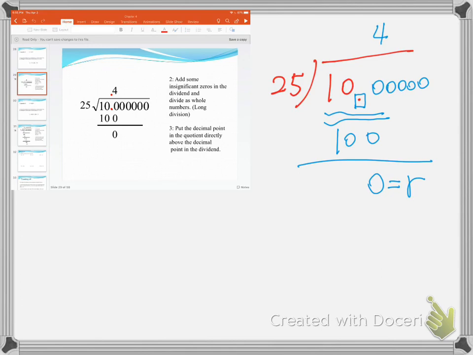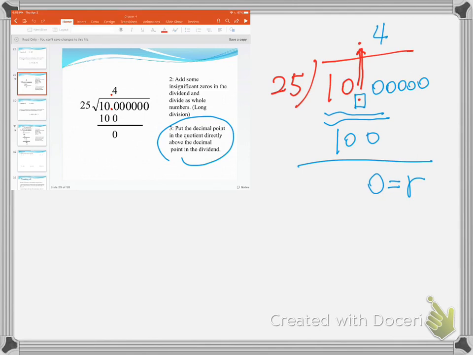So this is step 2, a long division without decimal point after you add 5 zeros. The last step, step 3, you put a decimal point on top of this decimal point in the dividend. So the quotient in the answer is not 4, because there is a decimal point here. So it's 0.4. 0.4 is the answer.